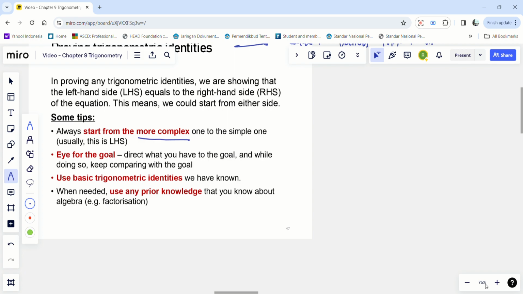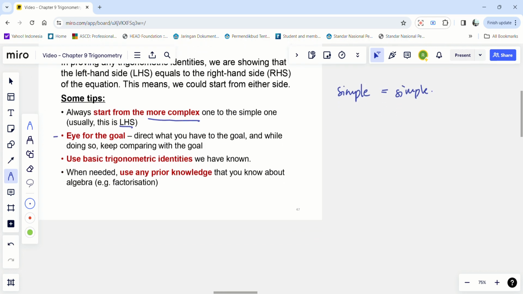But in some cases, you can't really have that. Sometimes you will get a simple one that will equal a simple one, so then you need a certain trick for that. But in general, we want to go with the more complex one and then make it simpler. And that's usually starting with the left-hand side, not always. In other words, you can also start with the right-hand side.